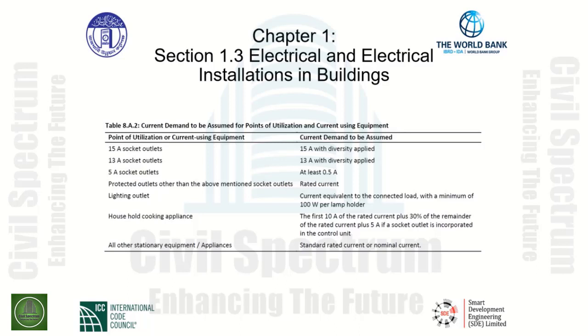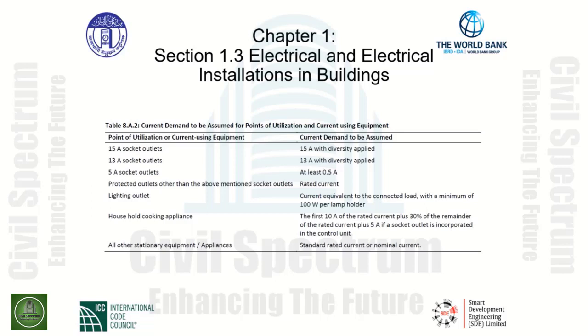Table 8.A.2, titled Current Demand to be Assumed for Points of Utilization and Current Using Equipment, is also given in Appendix A. The current demand of a circuit supplying a number of final circuits may be assessed by applying the allowances for diversity given in this table to the total current demand of all the equipment supplied by that circuit.